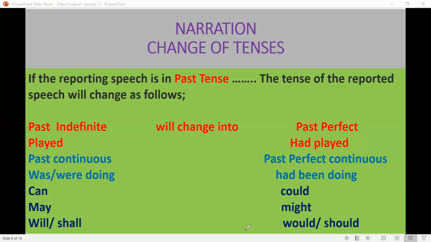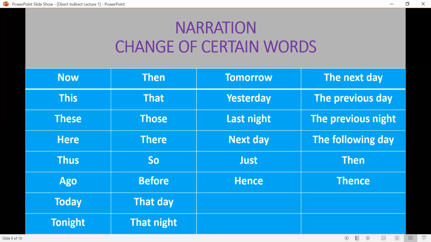The tense of the reported speech will be changed accordingly as I have explained in these slides. Now the third change is change of certain words. If the word "now" has been used in indirect narration, it will be changed into "then."